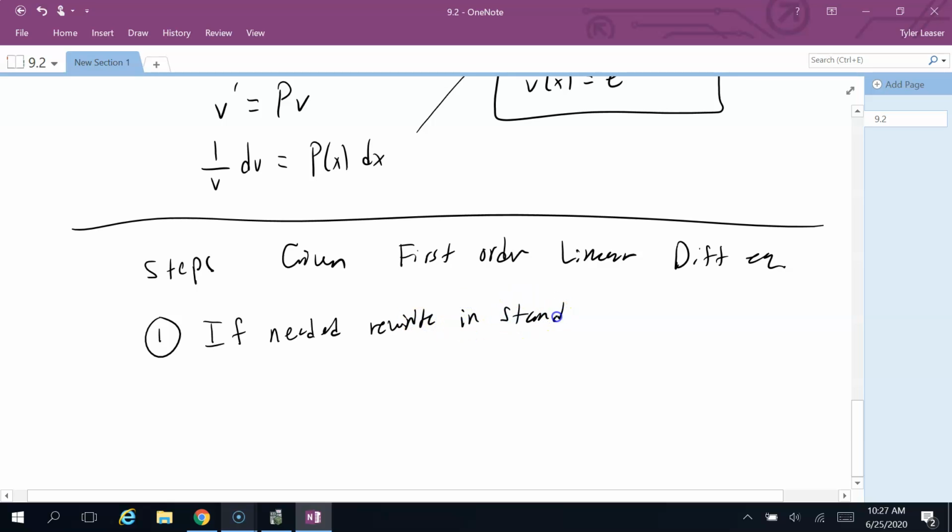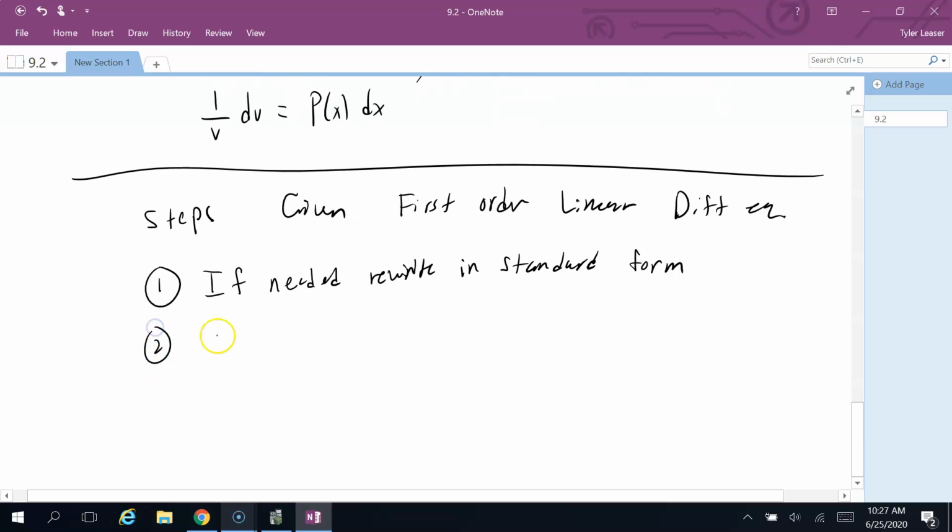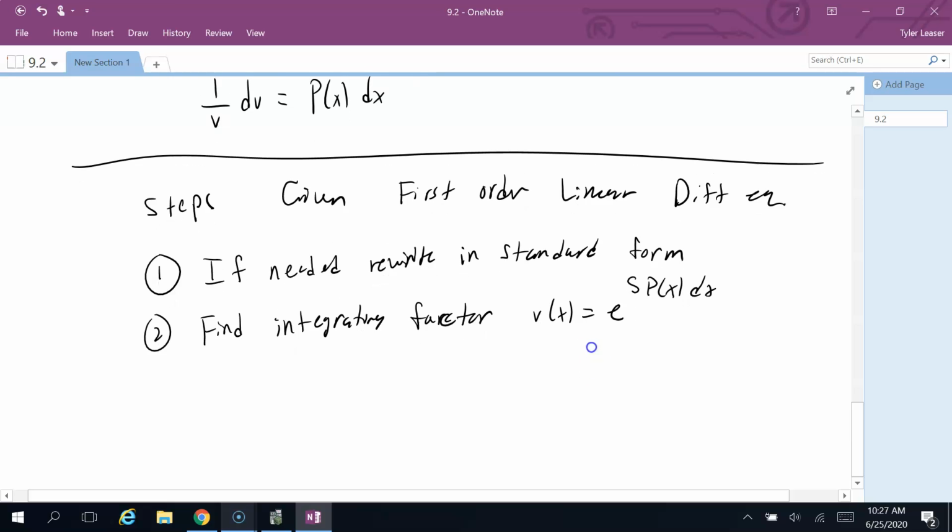Not every example that you're going to be given is going to be written in standard form. Sometimes you may need to do some algebra to get it that way. Step 2: find the integrating factor. The integrating factor we get by taking e raised to the power of the integral of p of x dx, where p of x we get from the standard form.